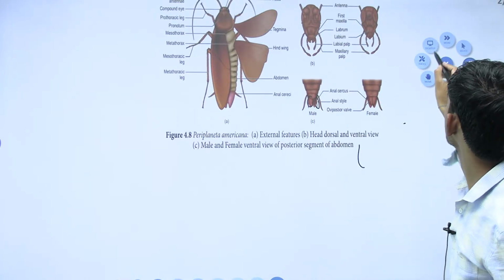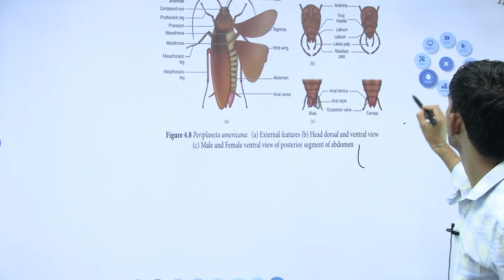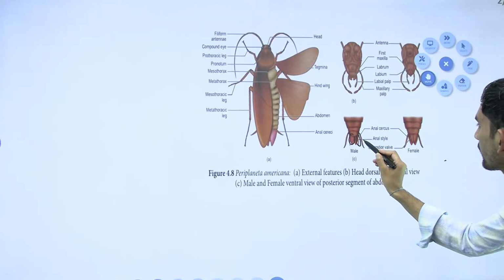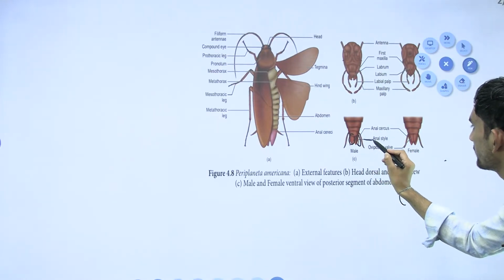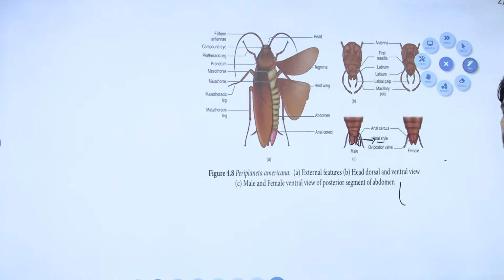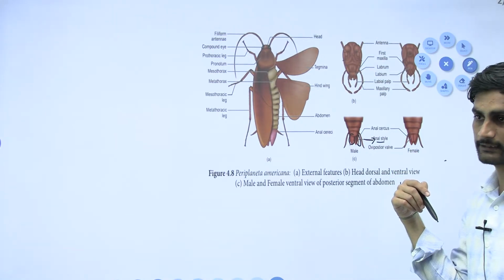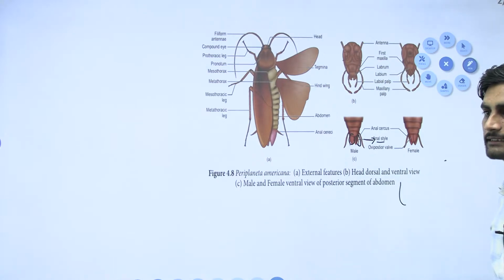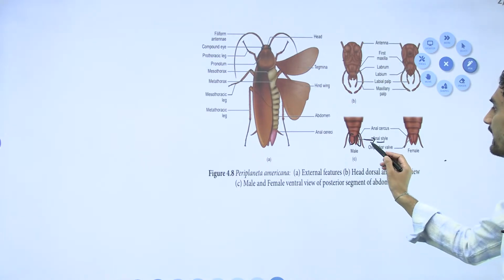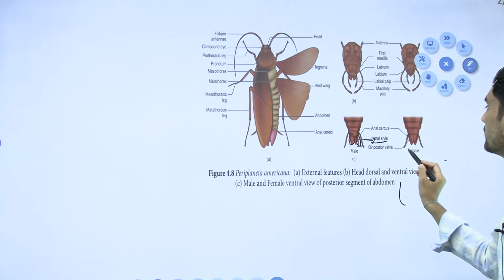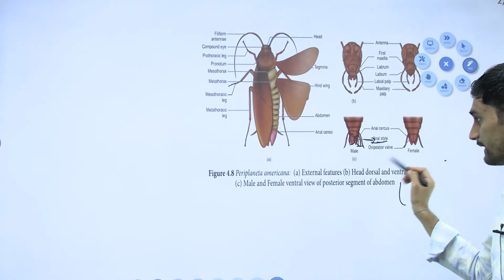These two structures we call anal styles. As I've already told you, anal styles are for attraction purposes. In the male organism, for attracting the female, they have these anal styles, but you will not find them in females.